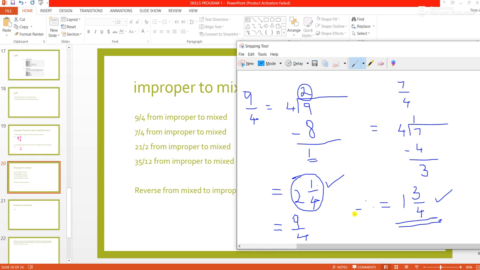So you managed to convert from improper to mixed, and vice versa from mixed to improper. There are 2 examples that I would like you to do on your own just to check whether you do understand. You'll use the same format.